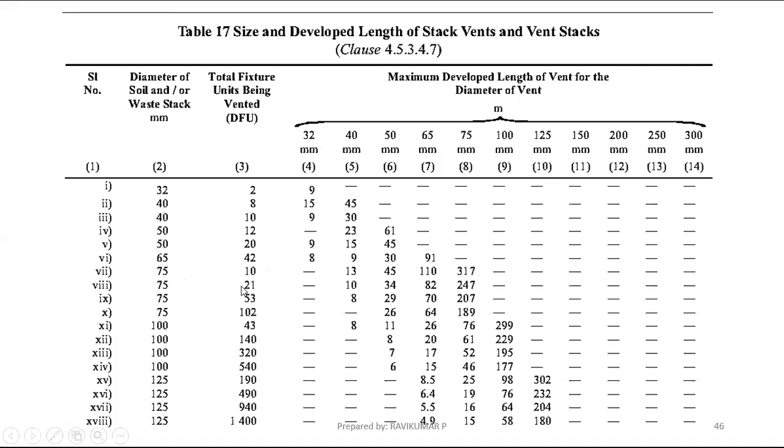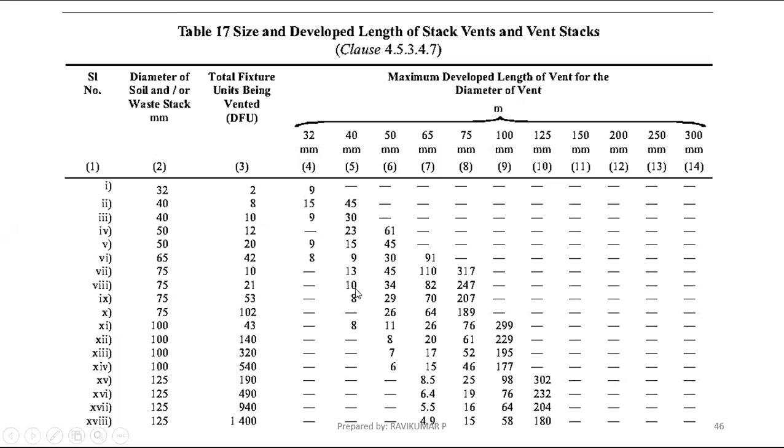In our case, we have 20 fixture units, so you can also take this row. If you take 75 with venting fixture units 21, you have to take this one only. For the venting pipe, you should not use 30 mm. That's why they have put the icon here. For this pipe, you have to provide a vent pipe.